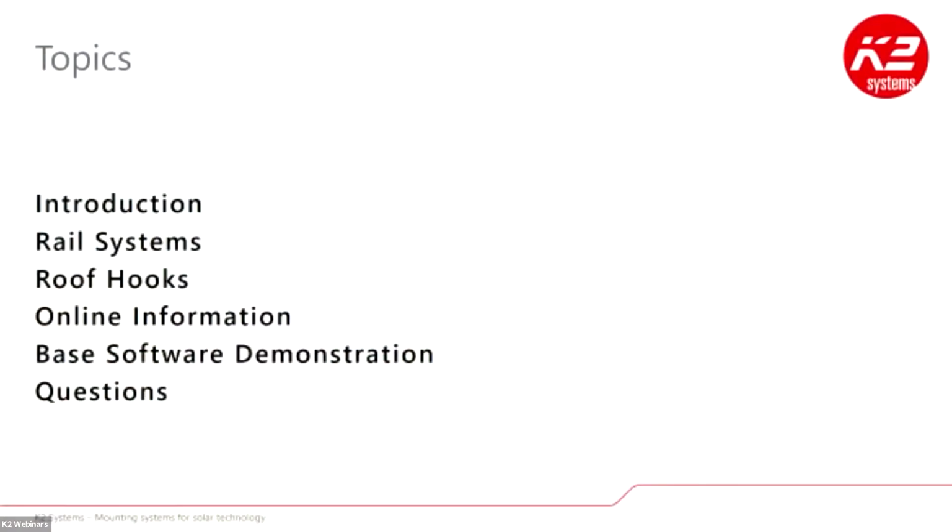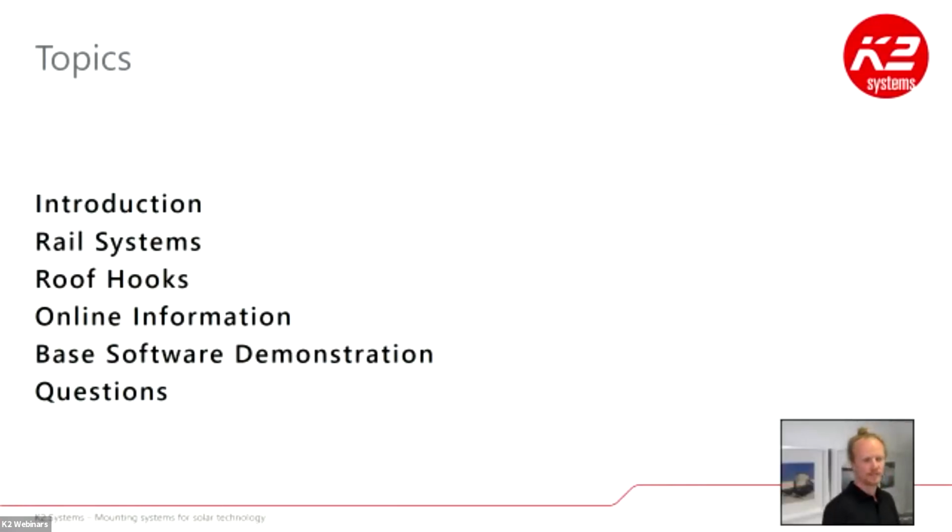That was just a quick little thing. I'll now go through a few topics that we'll be talking about today. So this introduction that we've just had, we'll then be talking about the two rail systems, the SingleRail and SolidRail, and we'll then go through some roof hooks. Following that, Roman will show you how to find all this information online, because there's a lot of information out there, and sometimes it can be a little tricky to find.